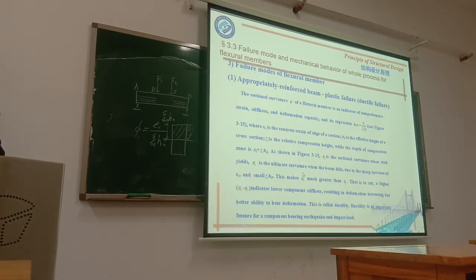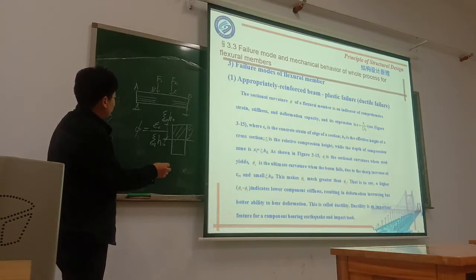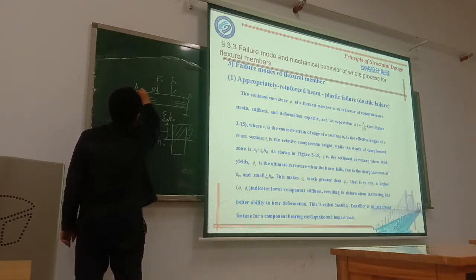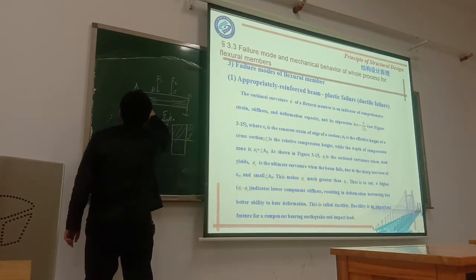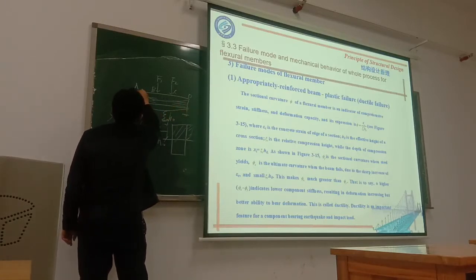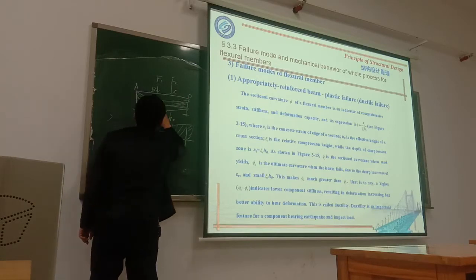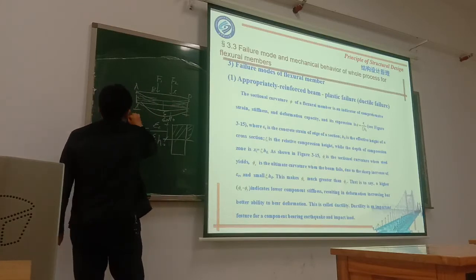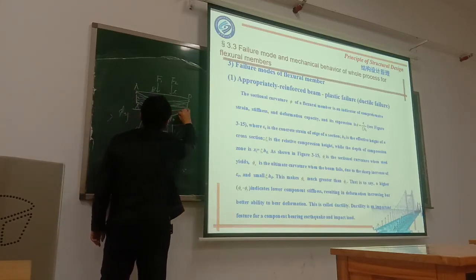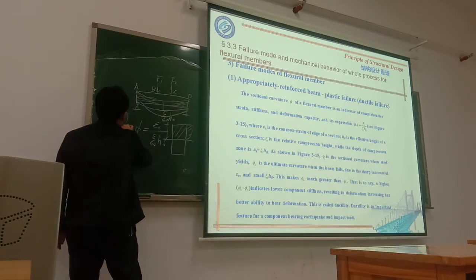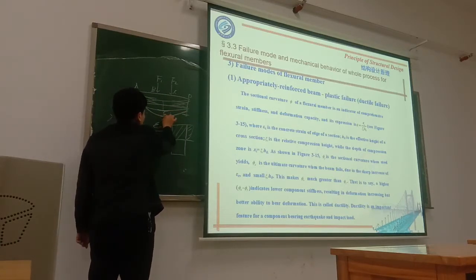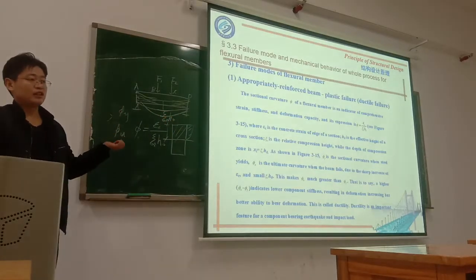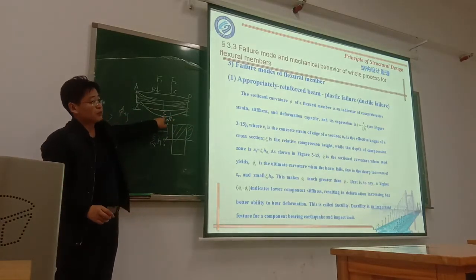So that means the deformation of the beam is something like this, or even larger deformation. At this stage, this curvature is phi y, and when the curvature is phi u, this is the ultimate, nearly going to break and fall down.